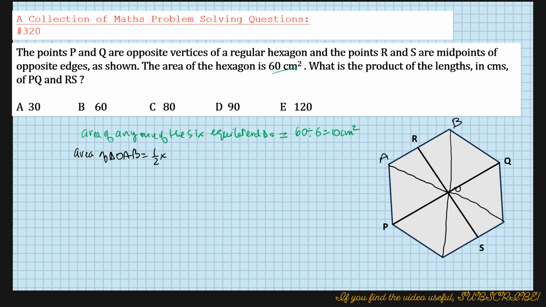So we don't know the base, we don't know the height, so we can assume that AB is x, the side of the hexagon is x. Because they're all equilateral triangles, AO would also be x, and OB would be x, and all other sides would be x.